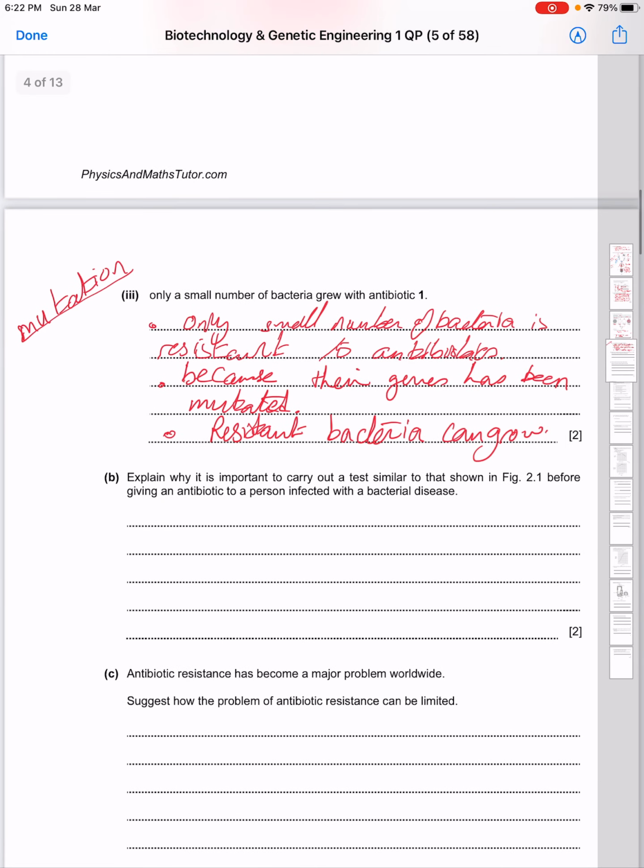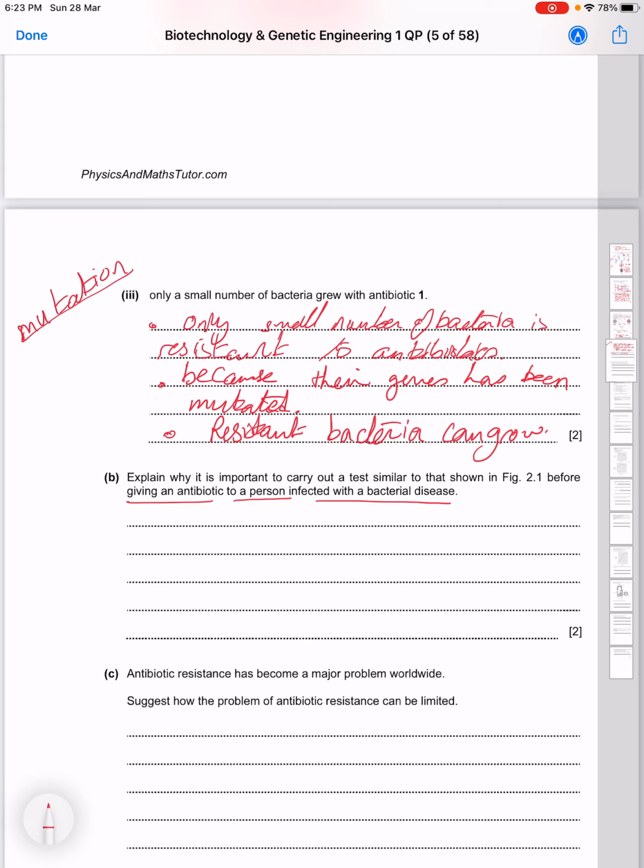Common sense, right? Now explain why it is important to carry out a test similar to that shown in figure 2.1 before giving an antibiotic to a person infected with bacterial disease. This is raising again the antibiotic resistant bacteria.